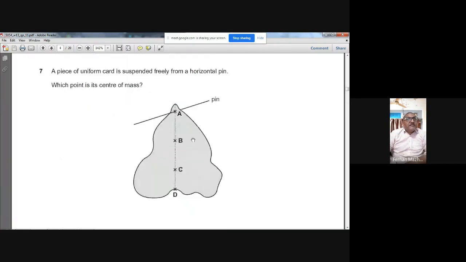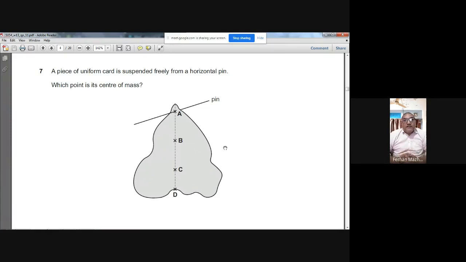Question number 7. A piece of uniform cord is suspended freely from a horizontal pin. Which point is its center of mass? This you have studied: how to find the center of mass of an irregular shaped lamina, and this is that figure.